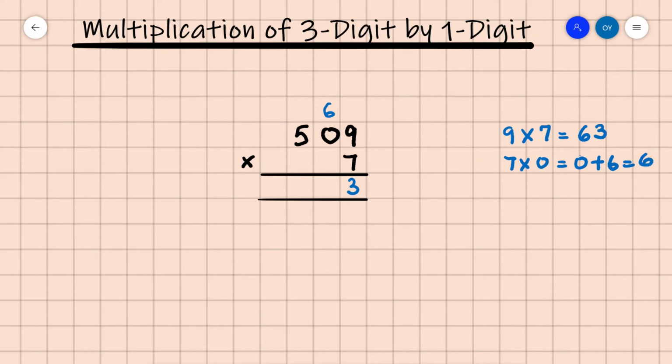So we have 0 plus 6, and that is 6. 7 times 5, that is 35. And we write 35 because we do not have any carryover. So 509 multiplied by 7 is 3,563.